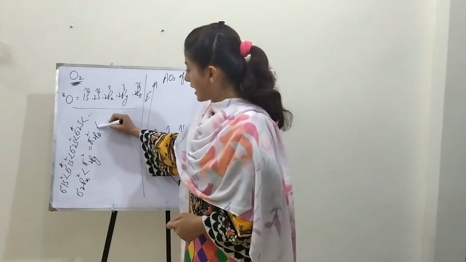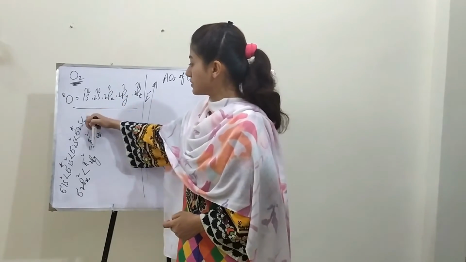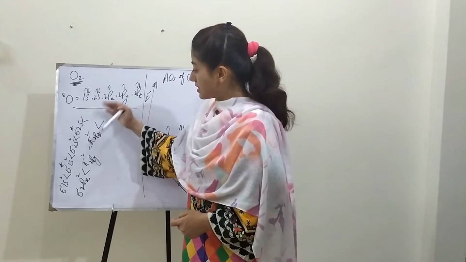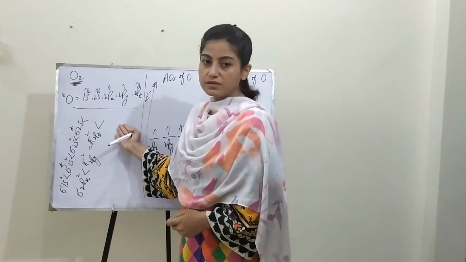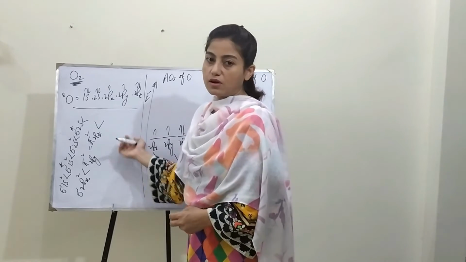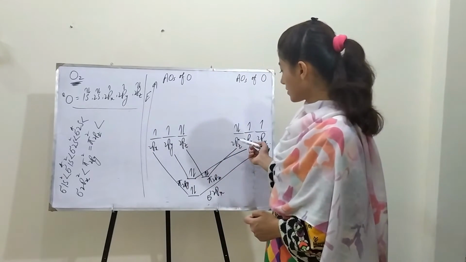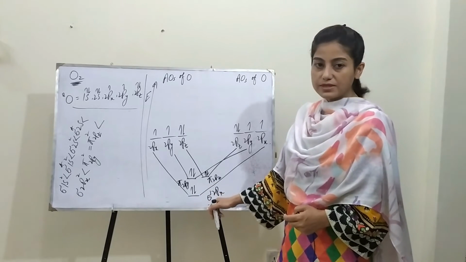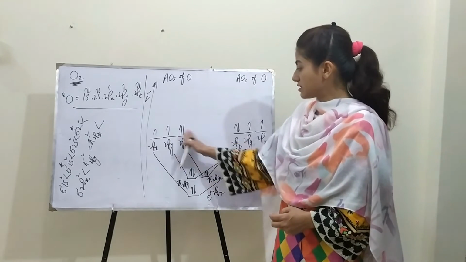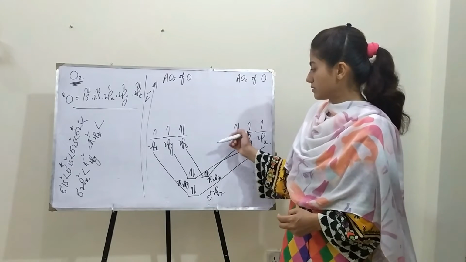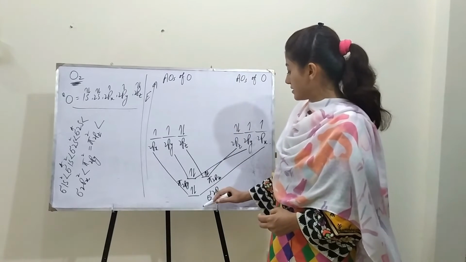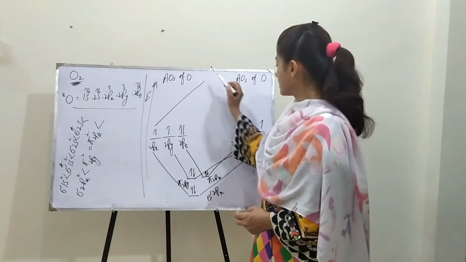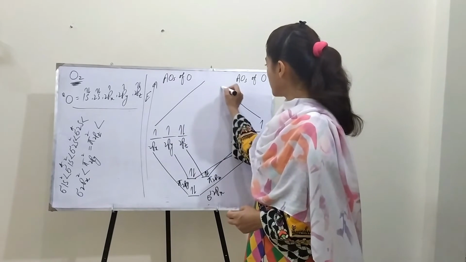Then there comes the antibonding molecular orbital, and after that it means the energy level is increasing in the next molecular orbitals. So similarly, here the sigma 2px is at the lowest energy level amongst these, and its antibonding molecular orbital would be at the maximum energy level.